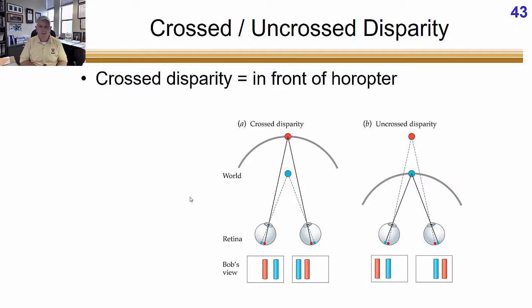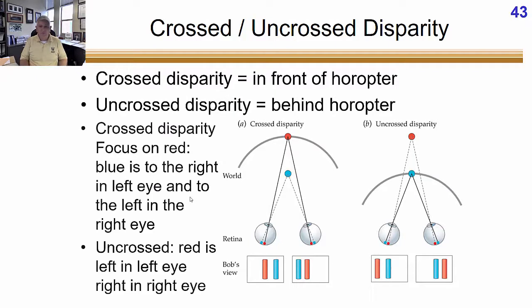In figure A, we focus on the red object. That makes the blue object in front of the horopter. That puts the image on the inside of each retina. So we see the left retina, right retina, and the blue is on the inside part. However, if we have uncrossed disparity and we now focus on the blue point, the red is behind us.